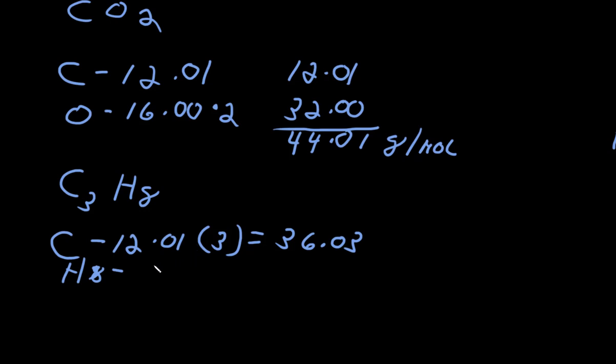Hydrogen has an atomic mass of 1.008, and there's 8 of them. So if we multiply that out, 1.008 times 8, that equals 8.064.